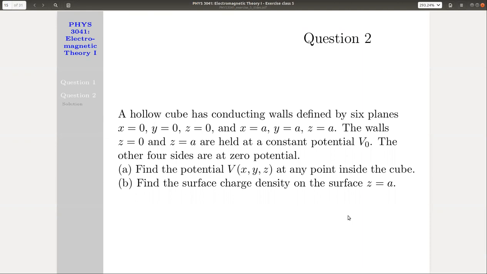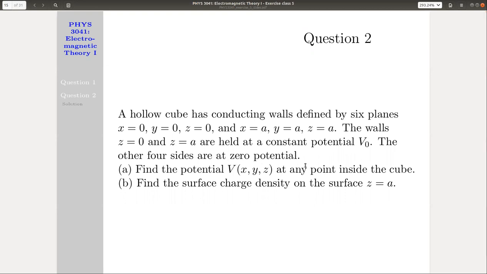And then this is question 2, the second question. In this question, you have a hollow tube which has some conducting walls, and among the 6 planes, there are 2 walls that are held at a constant potential V0, and the other 4 sides will be at 0 potential.